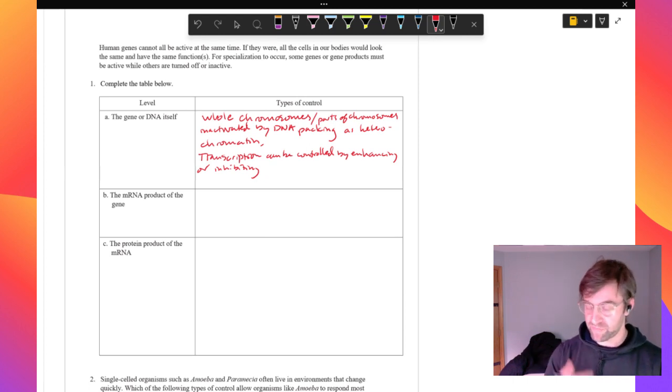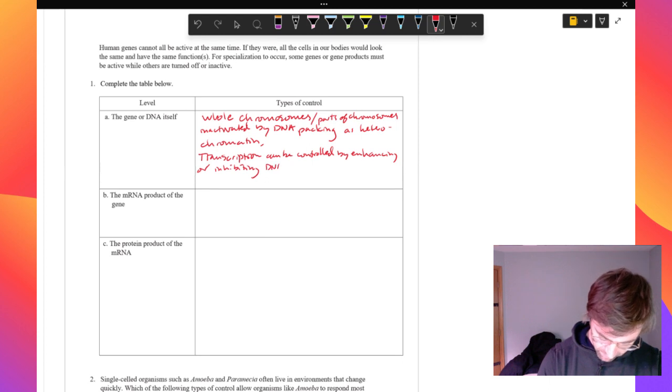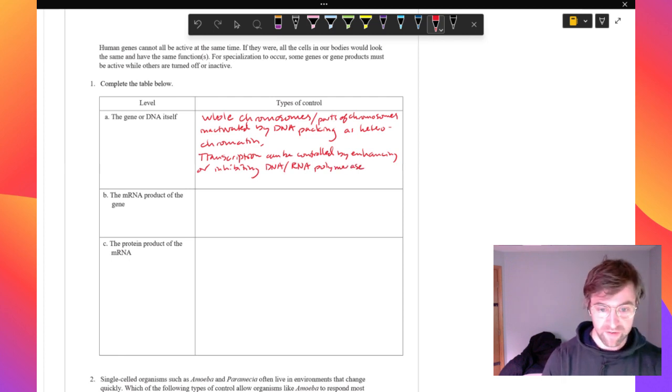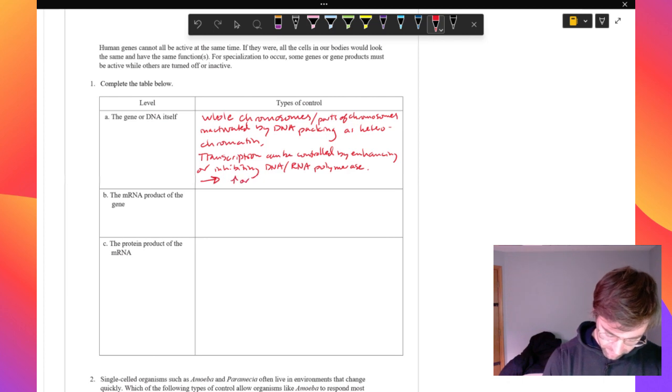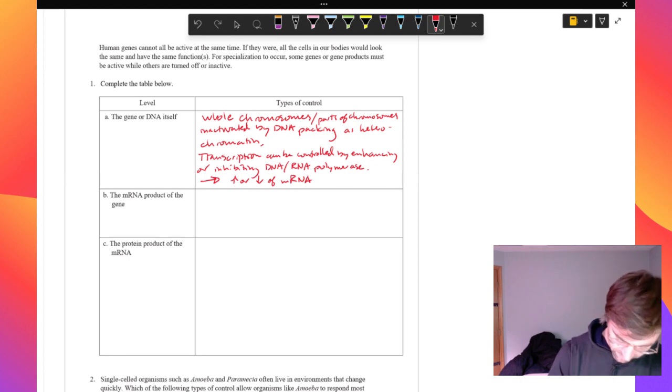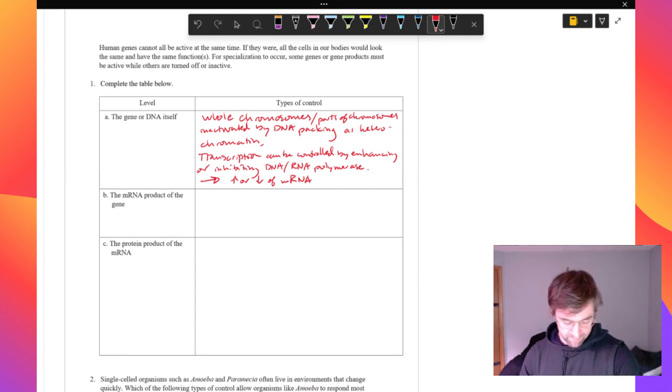I could just say polymerases, but I want to make sure you guys know DNA slash RNA polymerase, which would make it more or less likely to produce an mRNA transcript. Increase or decrease of mRNA. Awesome.